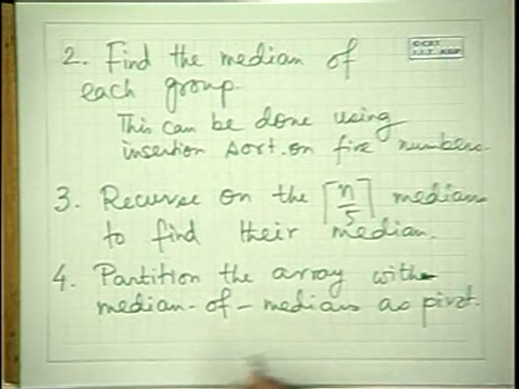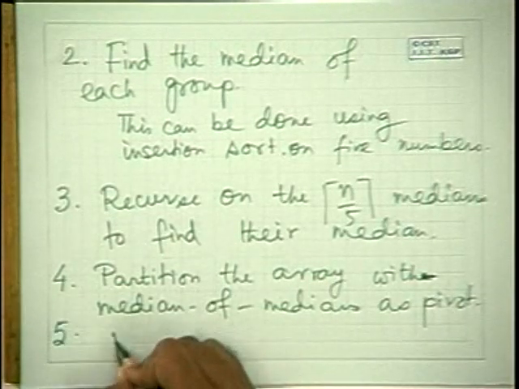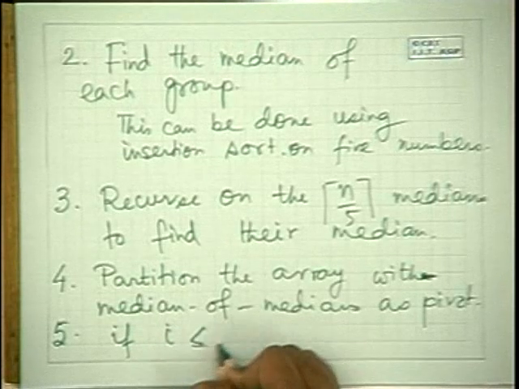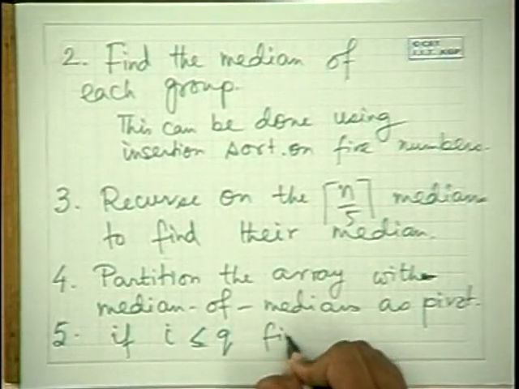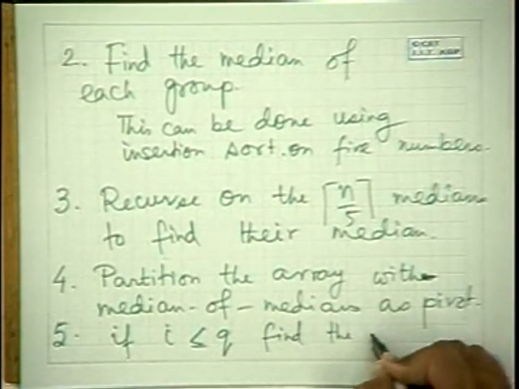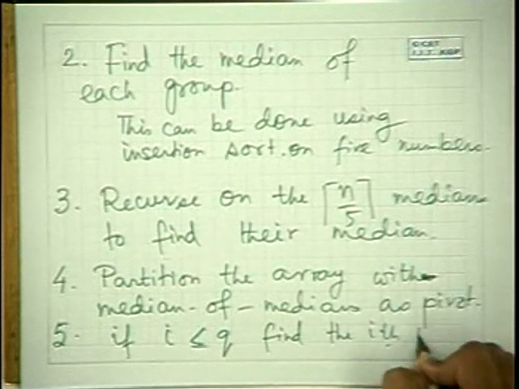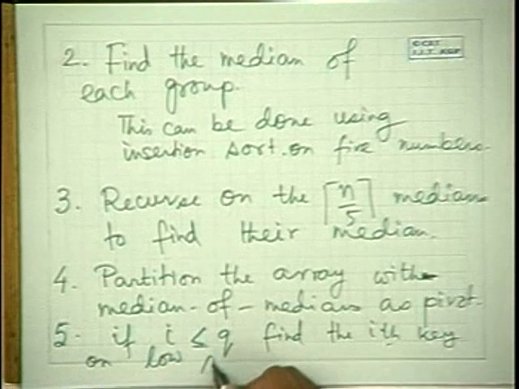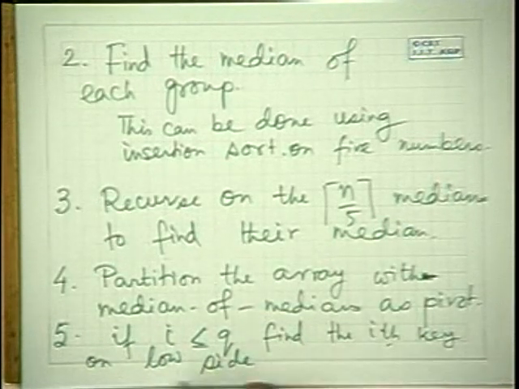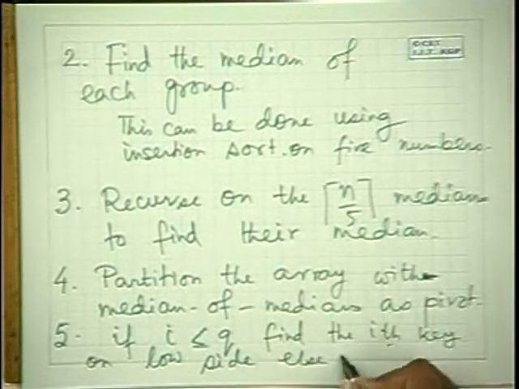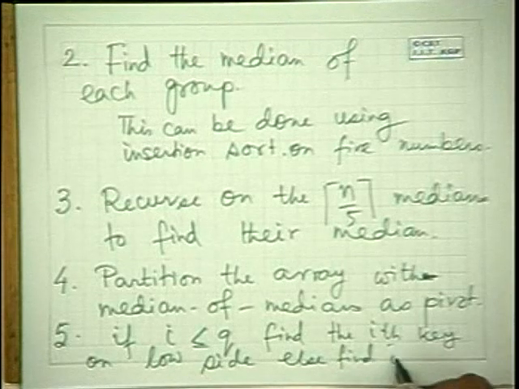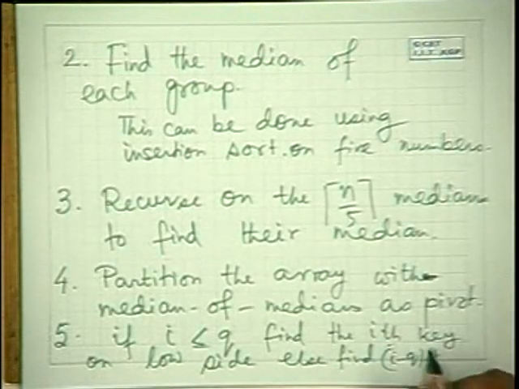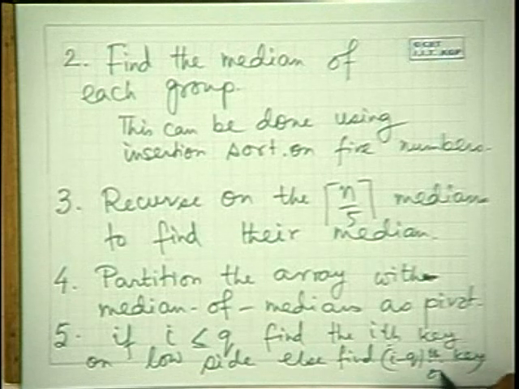And you recurse. And you just do as you are doing. If i is less than or equal to q, find the ith key on the low side, else find the (i minus q)th key on the right side.